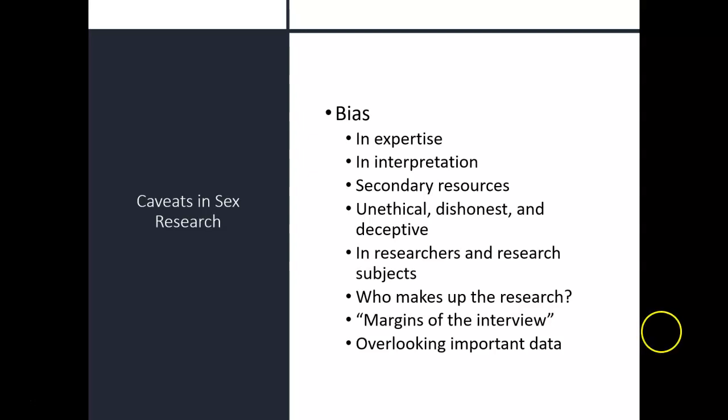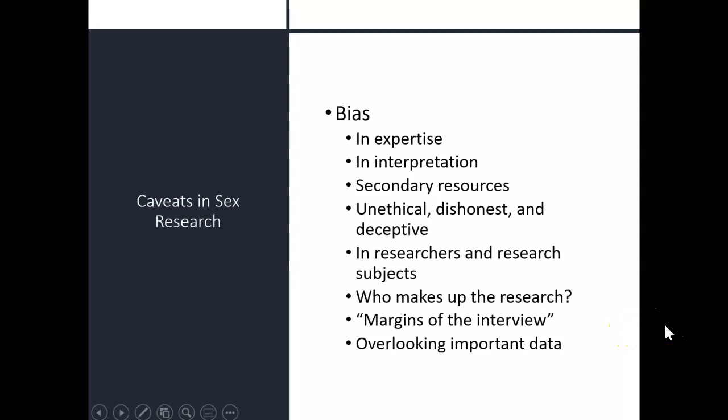There are biases in terms of people's skills and expertise. There can be bias in the process of science when we're making interpretations. There can be biases in terms of the resources that we use. Bias can then take the form of actually overtly unethical, dishonest, deceptive behaviors.